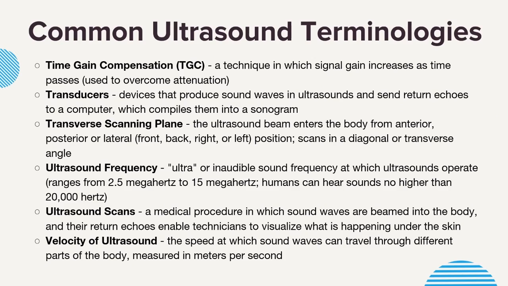Ultrasound scans: a medical procedure in which sound waves are beamed into the body and their return echo enables technicians to visualize what is happening under the skin. Velocity of ultrasound: the speed at which sound can travel through the different parts of the body, measured in meters per second. 1,540 meters per second for soft tissue, 1,580 meters per second for bone.